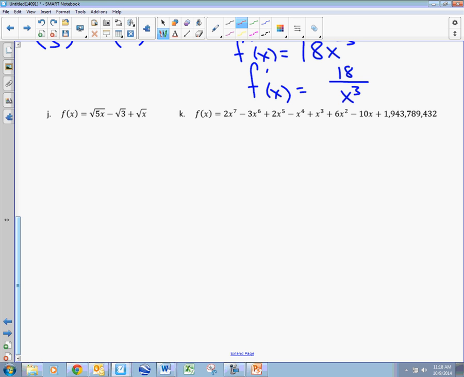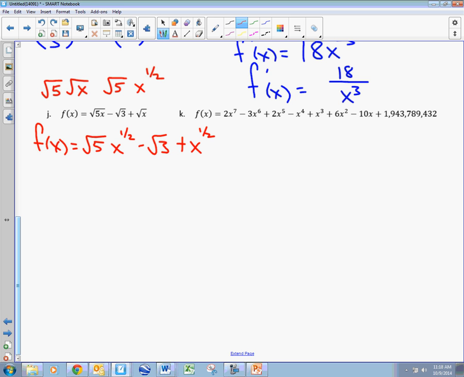But I do need to worry about the square root of 5x. Square root of 5x can be rewritten as square root of 5 times square root of x, or square root of 5 times x to the 1/2. So that's what I'm going to use in this scenario. So I'm going to rewrite f of x as square root of 5 times x to the 1/2 minus the root of 3, which will not matter at all, plus x to the 1/2.